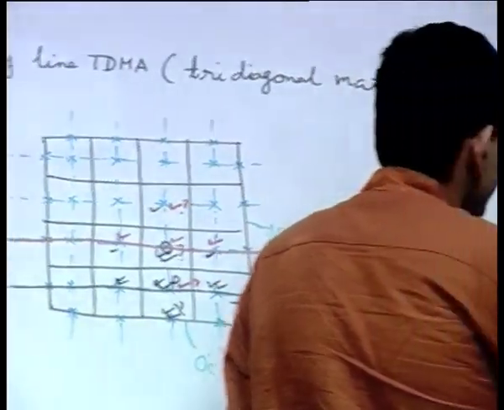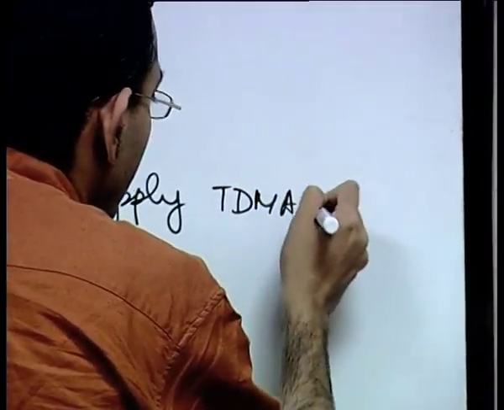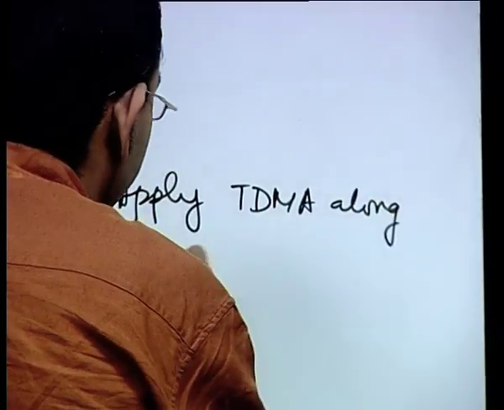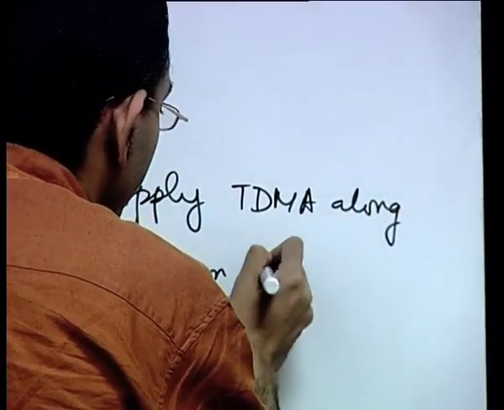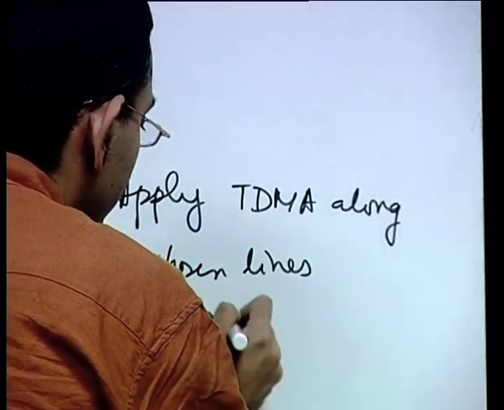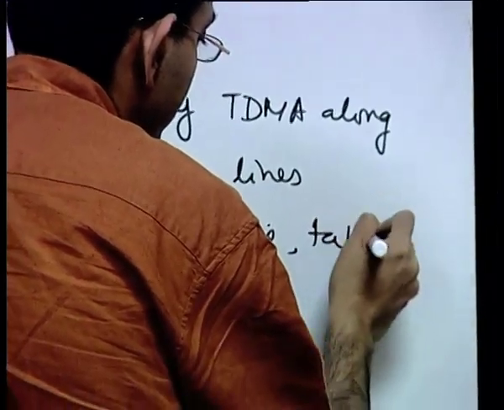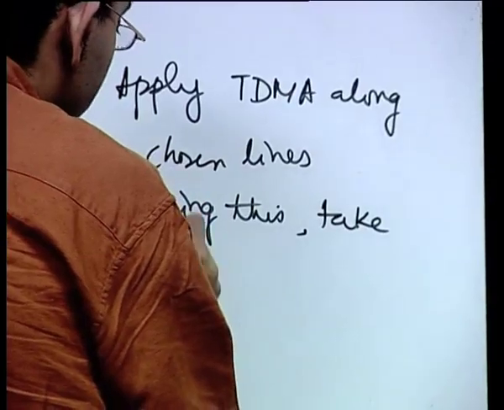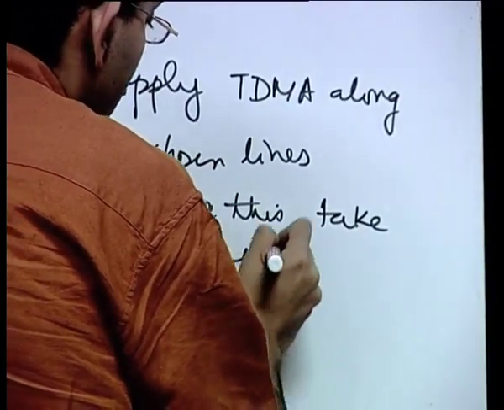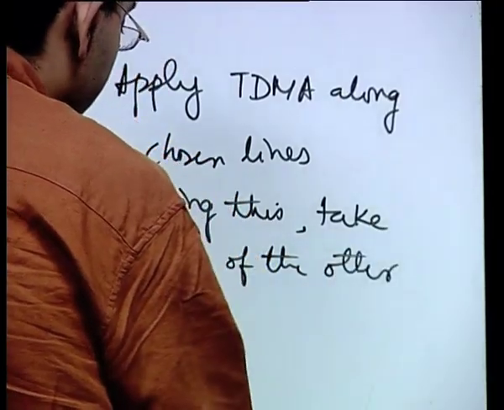Apply TDMA along chosen lines. During this, take values of the other neighbors as recent iterates.